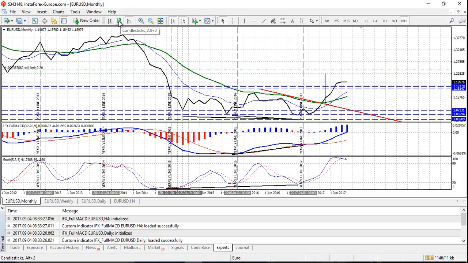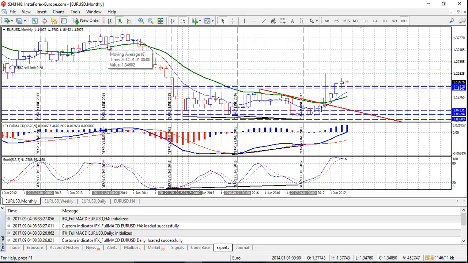But in technical analysis, the candlestick chart gives more details than the other ones, so it is always preferred to the bar charts and the line charts.